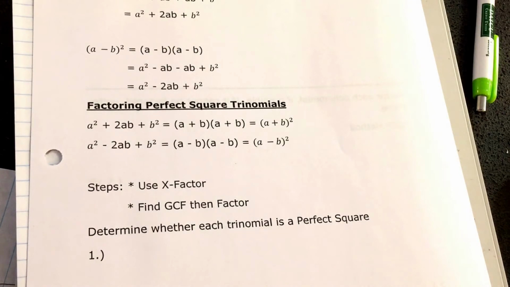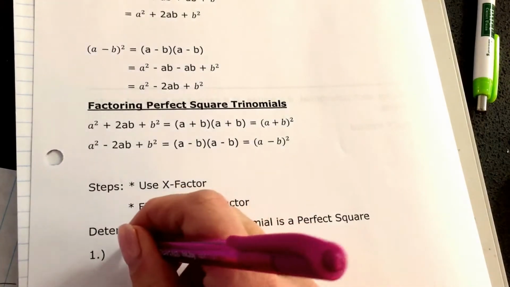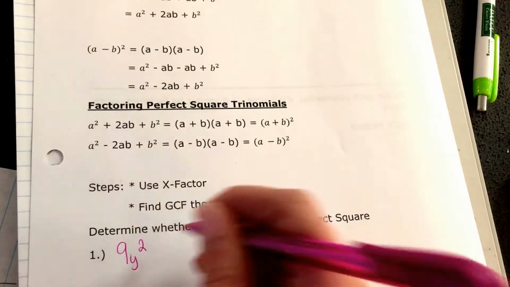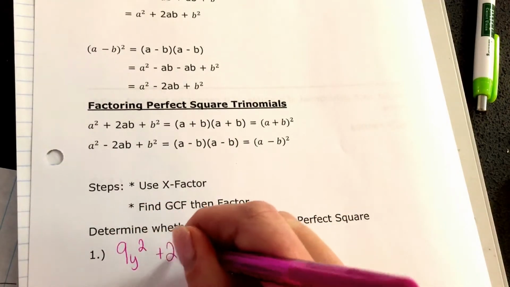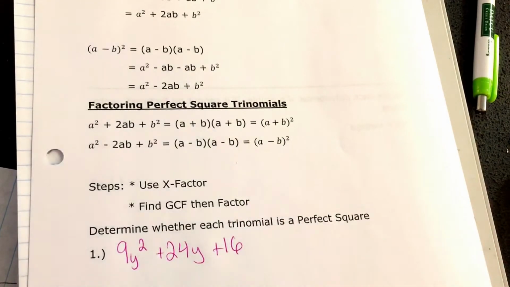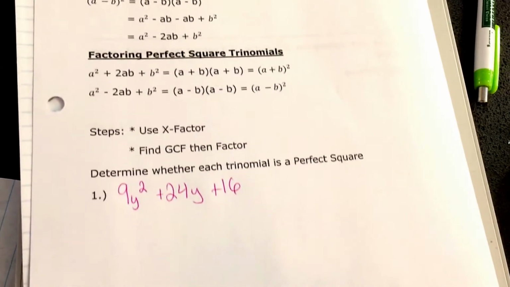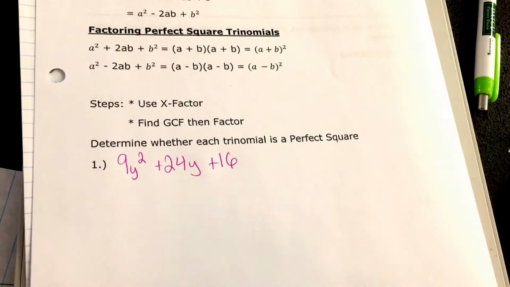It says determine whether each polynomial is a perfect square. Now listen, a perfect square has the exact same terms in both. They can't have a different sign. They have to be the exact same term in both sets of parentheses. So if we have 9y squared plus 24y plus 16, I am just going to start with x factor on this example.